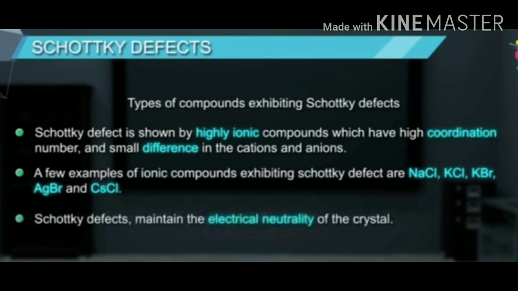These ionic crystals show Schottky defects because of the presence of almost similar size of the cations and anions. The next point is Schottky defects maintain the electrical neutrality of the crystal.